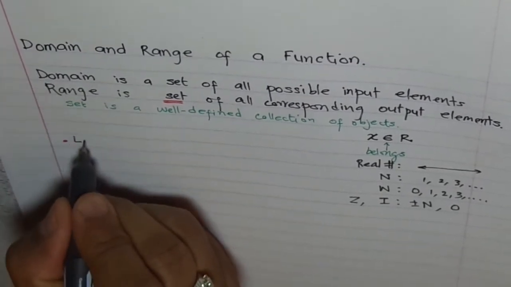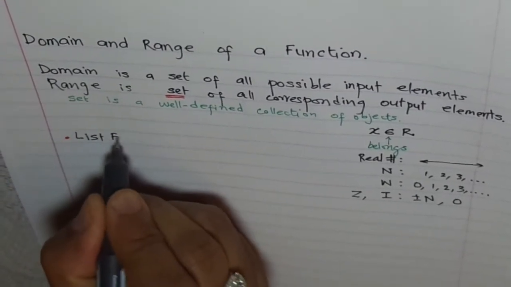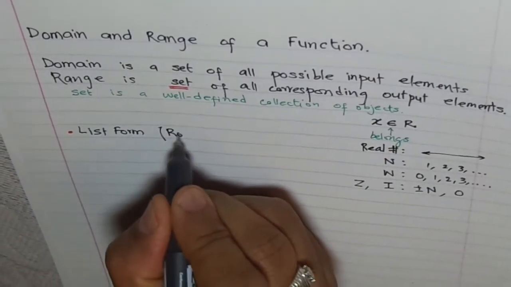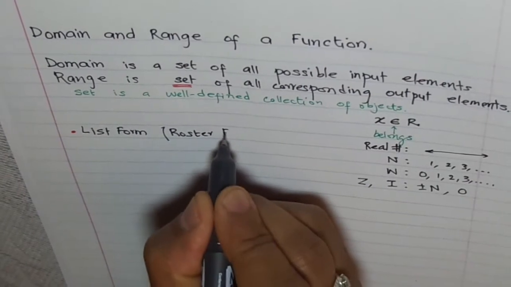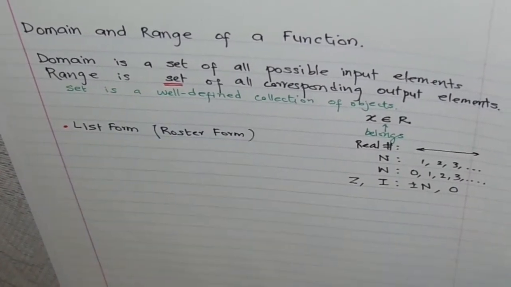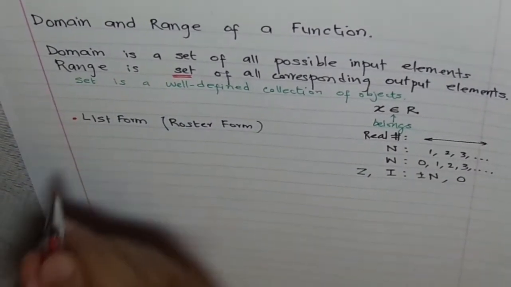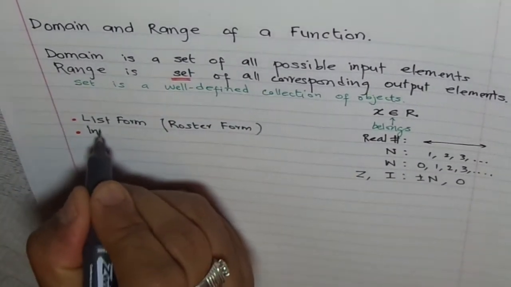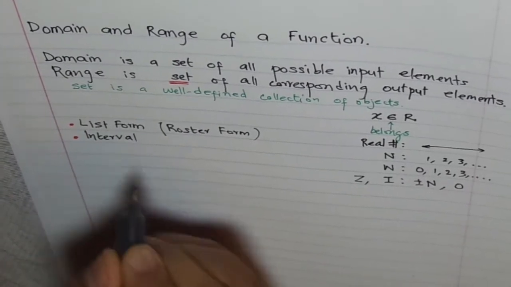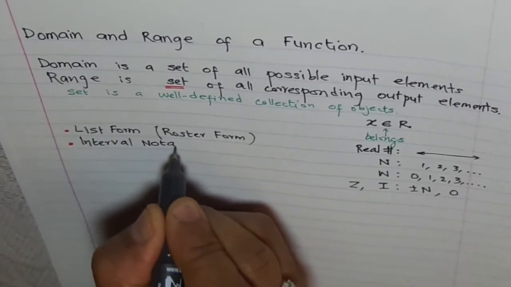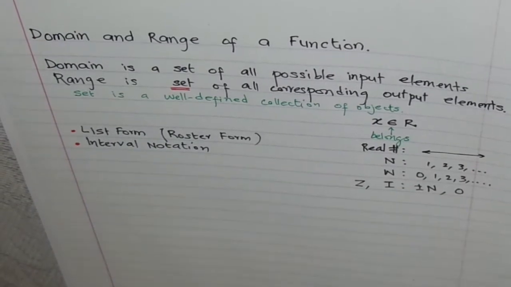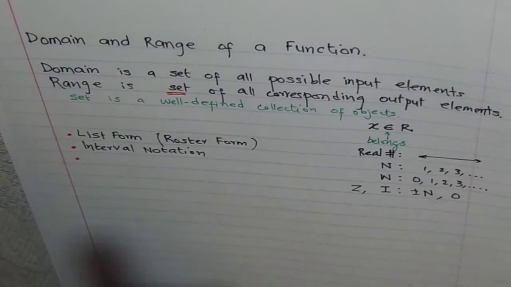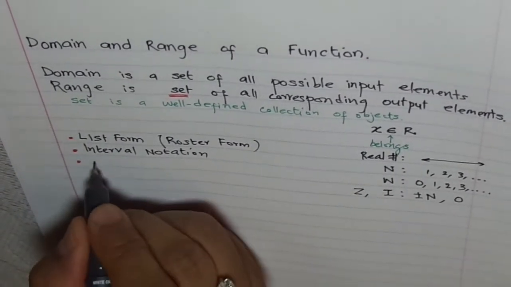One is list form, also called the roster form. Then we have interval notation. I'll talk about these in a minute. And lastly, we'll consider the set builder form.